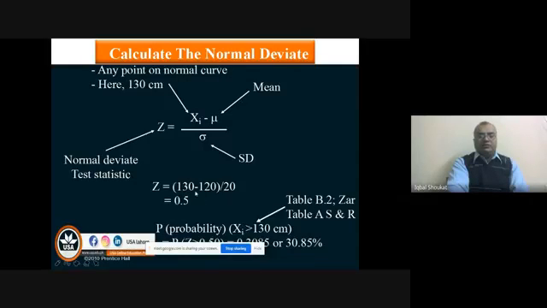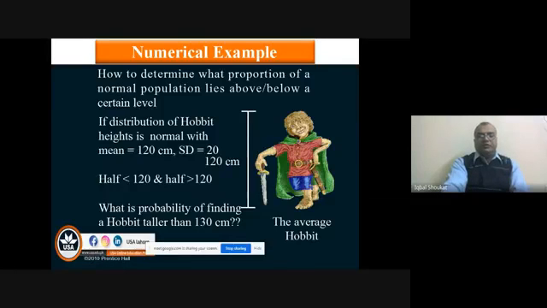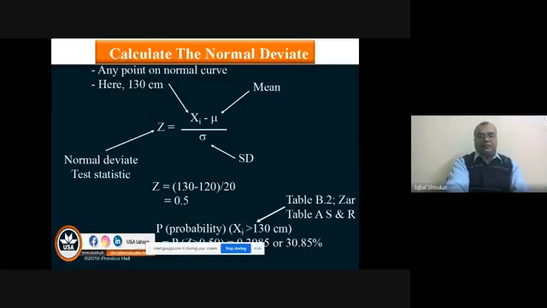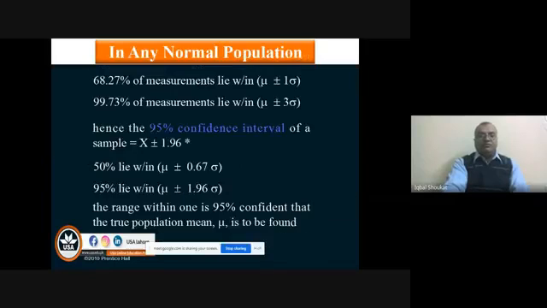From the z table, the value at 0.50 is 0.3085, which means 30.85%. There is a 30.85% chance that the height of the hobbit would be more than 130 centimeters. That means there are the least chances that the height of the hobbit would be more than 130 centimeters.